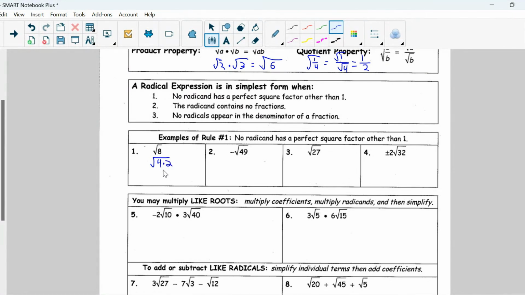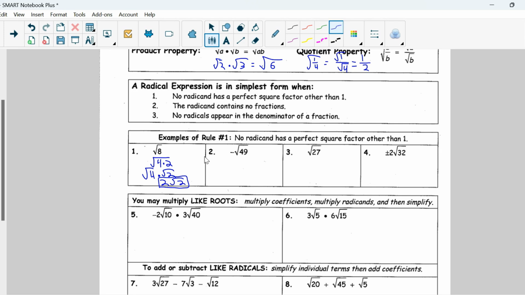Okay, 4 is a perfect square, so we must simplify that. We could first split this up to be the square root of 4 times the square root of 2. We can simplify the square root of 4 to give us 2 times the square root of 2. Okay, so that would be the simplest form for the square root of 8.